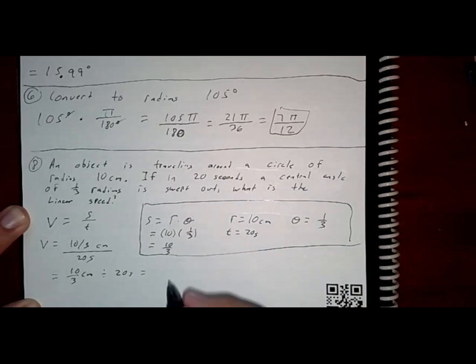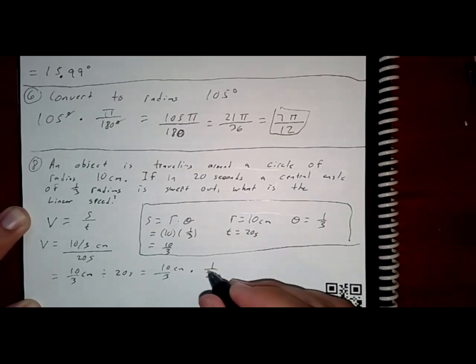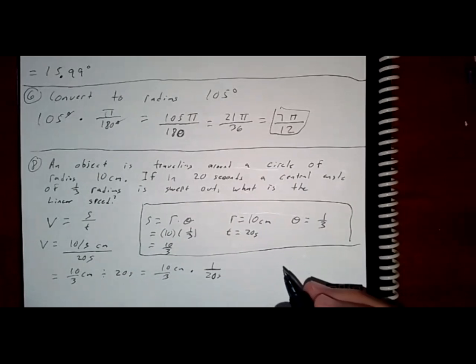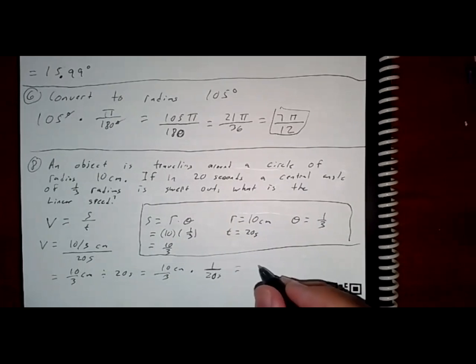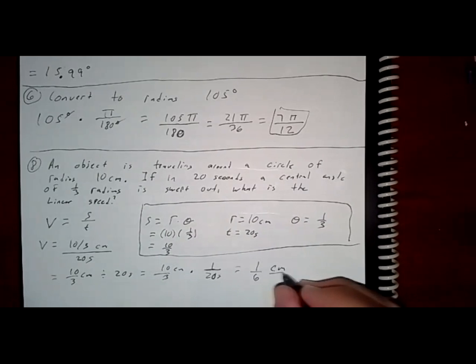That will be the same as saying 10 thirds centimeters times 1/20 seconds. Okay, so that will give us 1/6 centimeters per second.